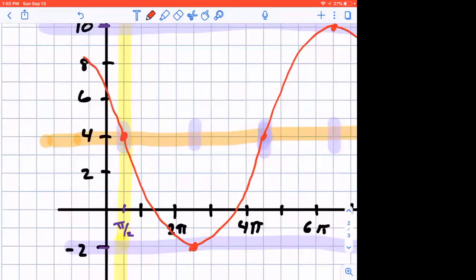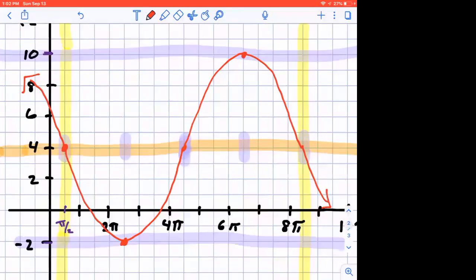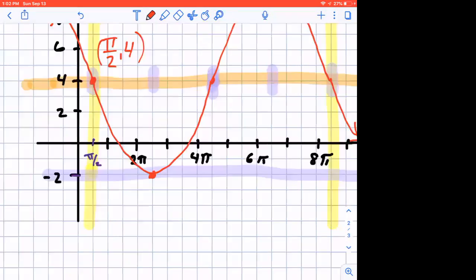All right. And then if you have this set up nicely, you can actually label these super easily. Let's label the x-axes first. Put ordered pairs on these. Pi over 2. Well, here, let's do the y too. Pi over 2, 4. All right. And then 2½ pi. Let's not do this as a mixed number.